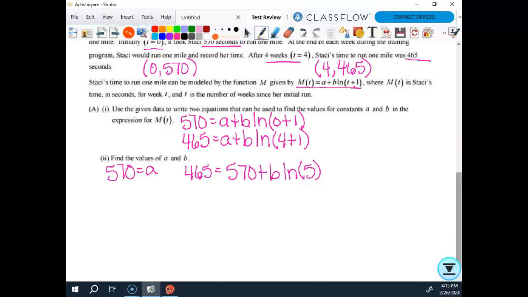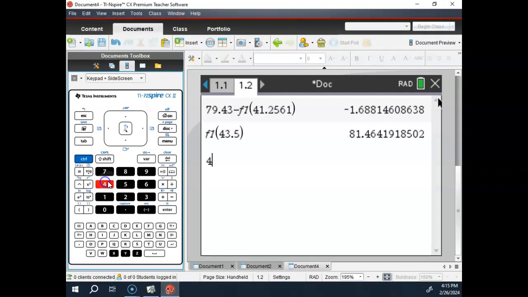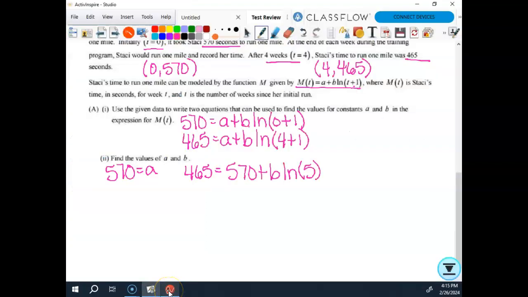I'm going to use my calculator because this is a calculator question, and I'm going to do 465 minus 570. Negative 105. Negative 105 is equal to b times the natural log of 5. So b is equal to negative 105 divided by the natural log of 5.